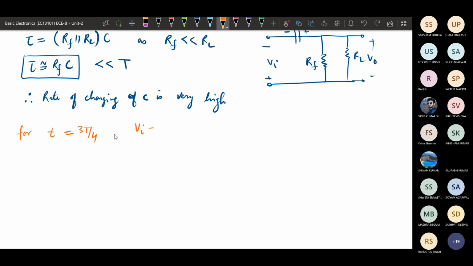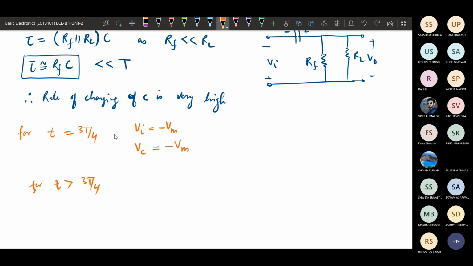The input voltage is minus Vm, and the voltage across the capacitor is also minus Vm, because we are considering the voltage across this as positive and negative, so the sign will be changed, so it will be minus Vm. So at t equals 3T by 4, V input will be this, and the voltage across the capacitor will be this.